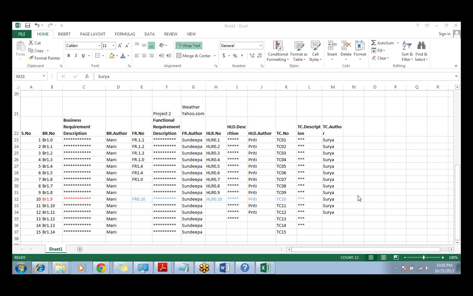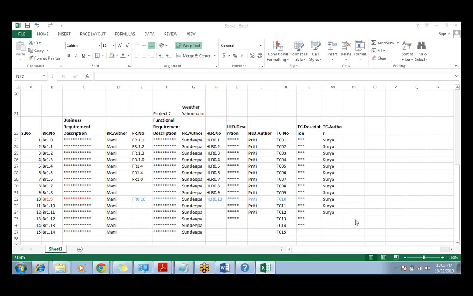So basically how will they know, how will any other department know, that they are referring to that number? Is it described by the serial number only, or is it through the business requirement number?